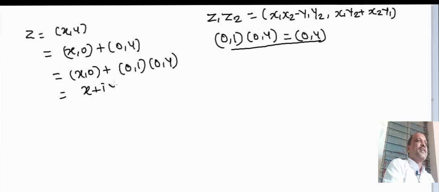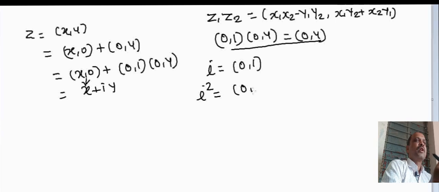Now let us compare this with x plus iy, right. So this x I have taken as x comma 0, and you can see that this i is equal to 0 comma 1. Now let us see i square is equal to 0 comma 1 into 0 comma 1. Now let us multiply using this rule.